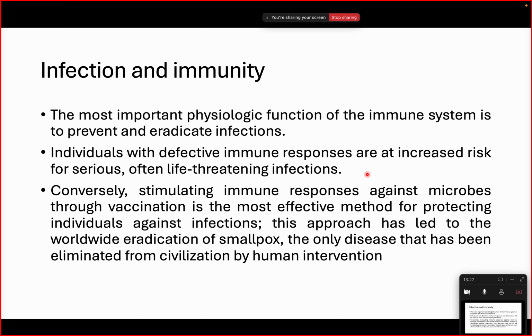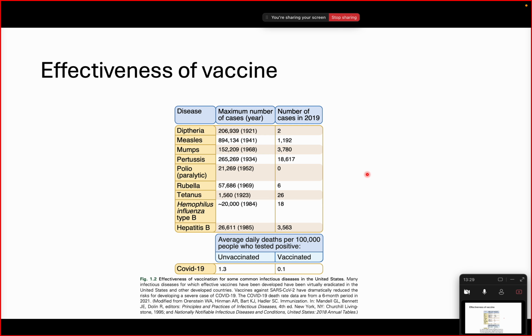human intervention. Okay, so here we can see the disease, the maximum number of cases recorded in the year, and how it is handled in the most recent data they had, of 2019 itself.